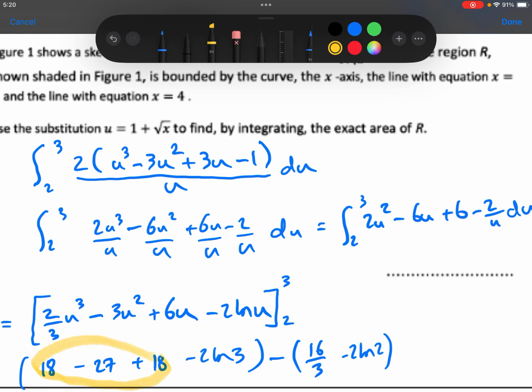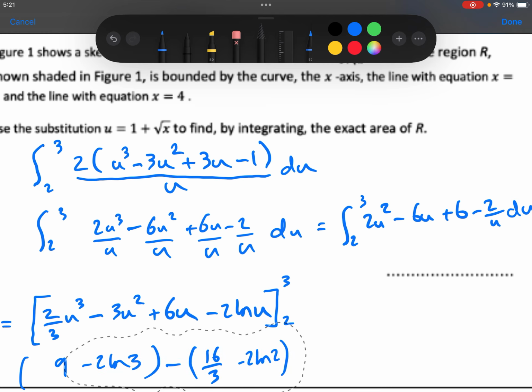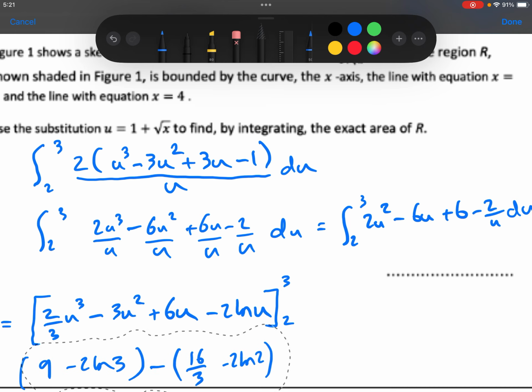The 18 minus 27 plus 18 is 9. Just being careful with these brackets now then.